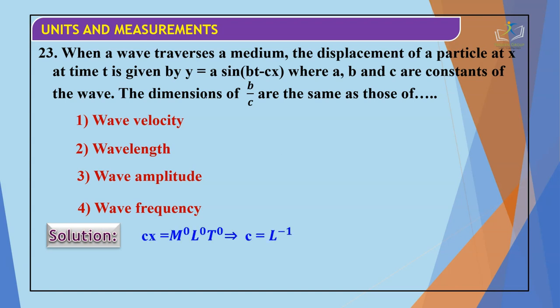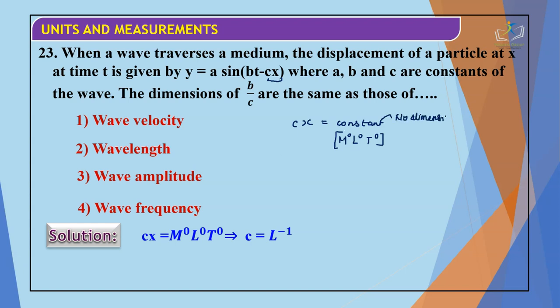cx is equal to M0 L0 T0 because cx is a constant. Now c is equal to L minus 1 because x is the displacement over here. So cx is a constant, and a constant's dimensions are always M0 L0 T0, or we can say a constant has no dimension.